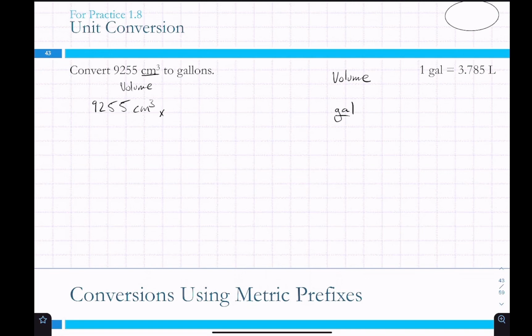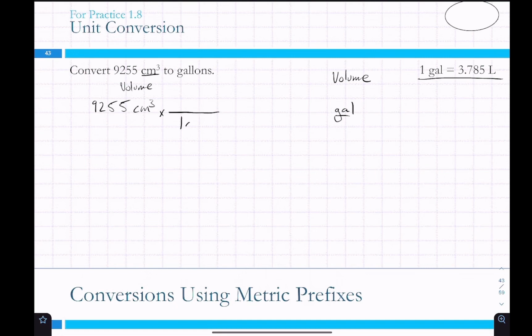And as we talked about before, it's a derived unit of volume, but we can convert this into milliliters. And part of the reason that we know we want to convert into milliliters is because we have this conversion over here that says 1 gallon is equal to 3.785 liters. And if we get to milliliters, then we can convert from milliliters into liters.